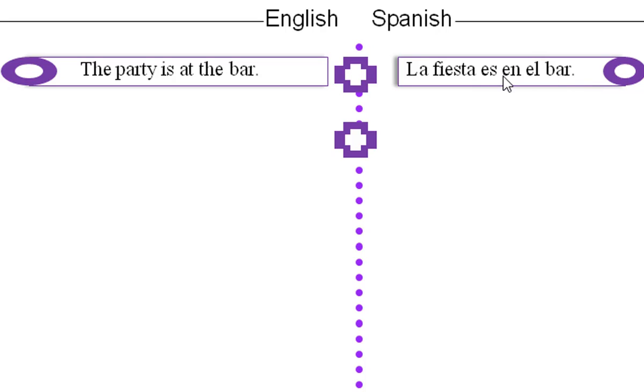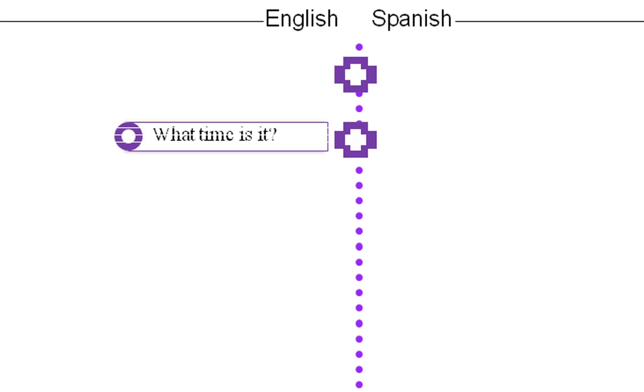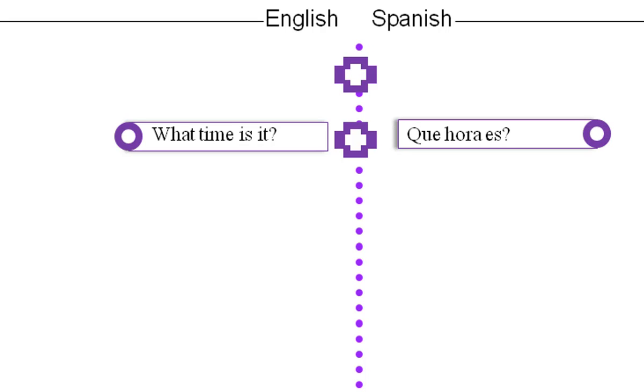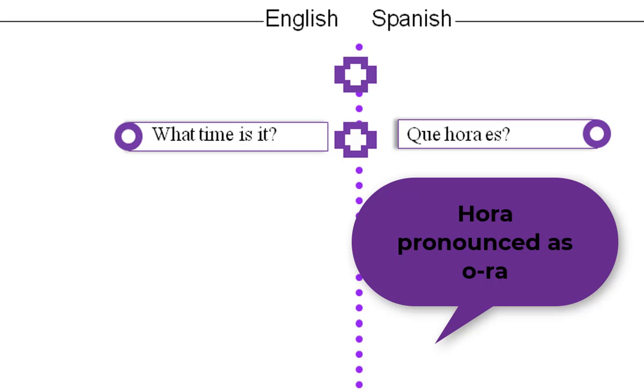We'll cover more of it when we are taking up articles in Spanish. La fiesta es en el bar. What time is it? So yes, when we are talking about time, we use ser. So what is qué? Time is hora. Qué hora es?